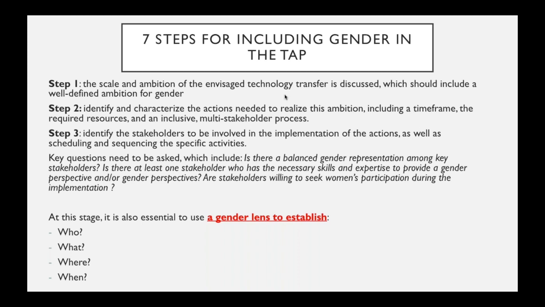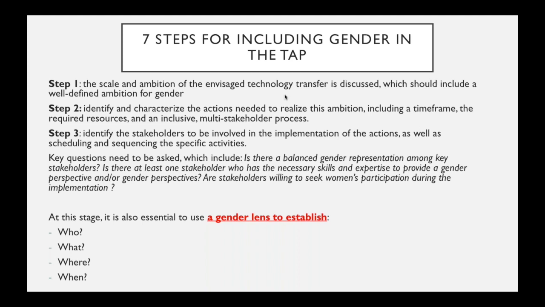Then thirdly, an identification of the stakeholders that will be involved in the implementation of the actions, as well as how these are scheduled and sequenced in the process. And some key questions need to be asked again: is there a balanced gender representation among the key stakeholders that you need for implementation?